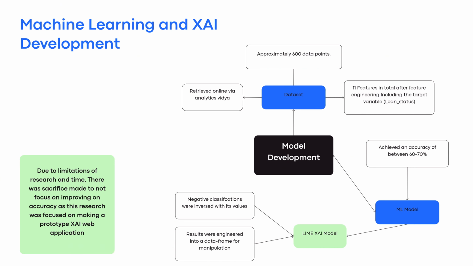For the LIME model, what I did here is some feature engineering for the output. For example, if it classified an individual as declined a loan, I inverted the value. Normally when someone was declined a loan, it would output negative values, which would cause a lot of issues for the radar graph visualization. So I had to invert it to make it a positive value and change things around there.